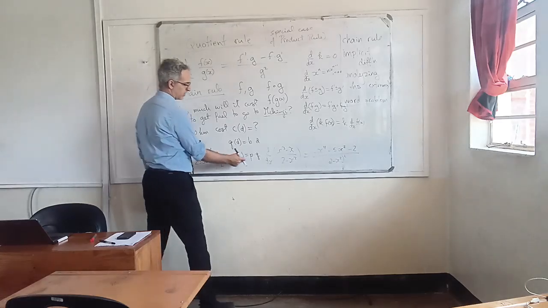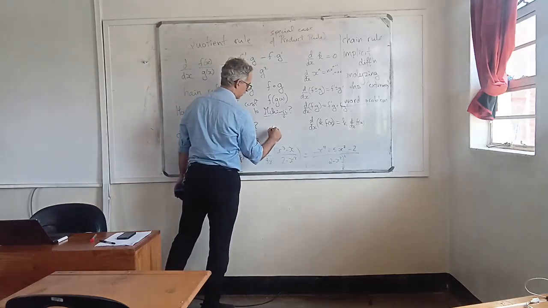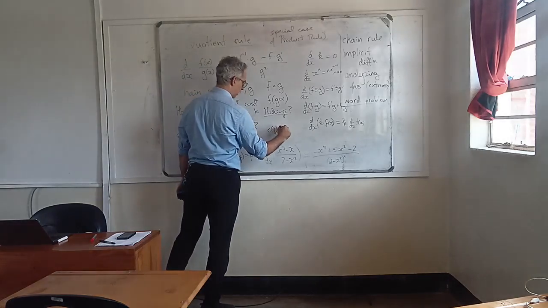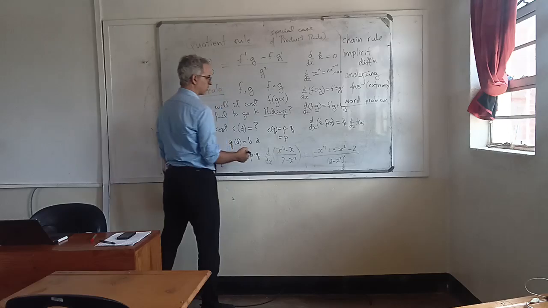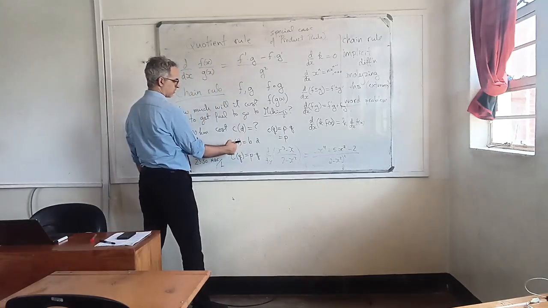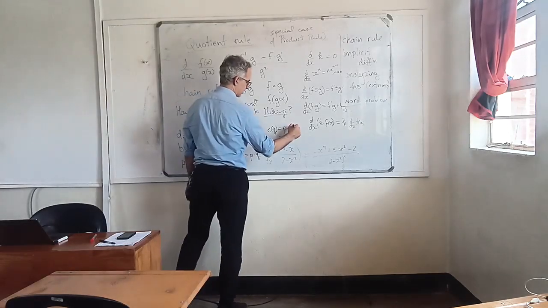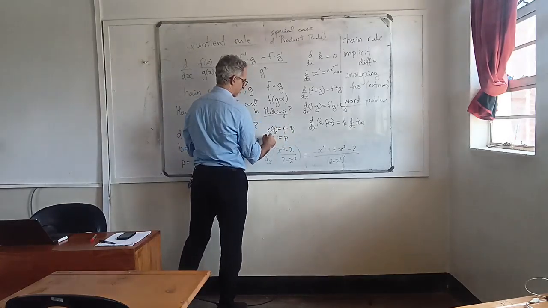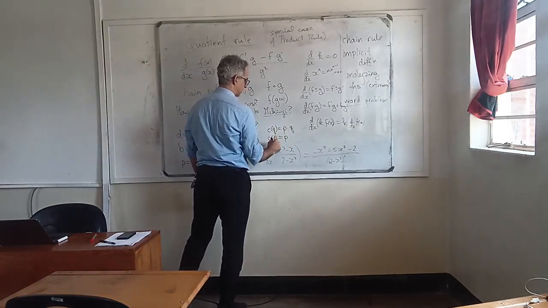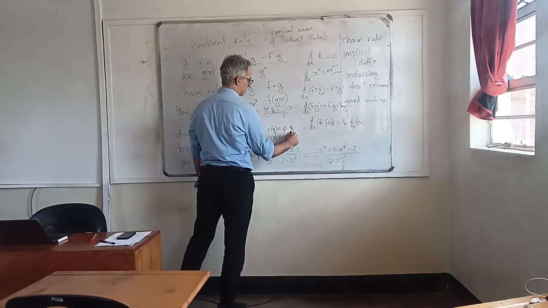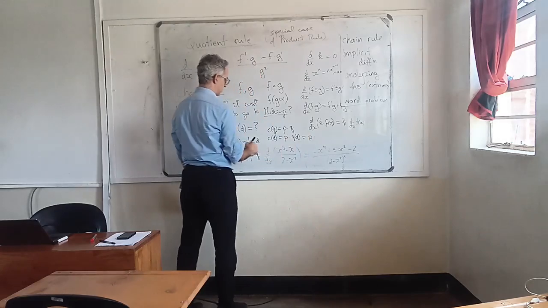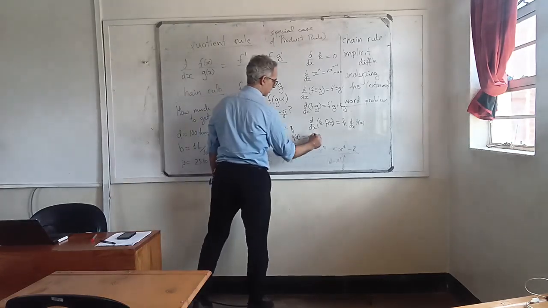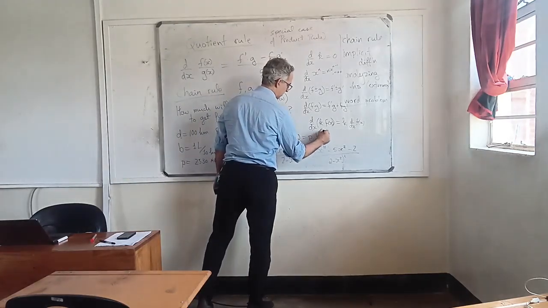I can take my C of Q. C of Q is P times Q, but I know what Q is, so I'm going to replace Q by Q of D. C of D will be P times Q of D, which is P times, now what is Q of D? B times D. P times B times D.